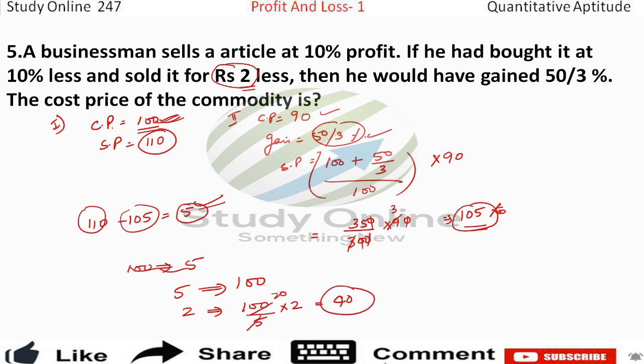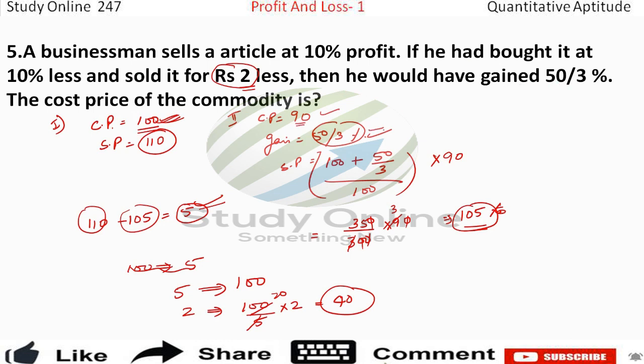You can go through this question once again. I'll also repeat. A businessman sells the article for 10% profit. From this, we had the cost price of 100, selling price 110. If he had bought it for 10% less, so initially he bought for 100 rupees, 10% less means he bought it for 90, then he had gained 50 by 3% profit.